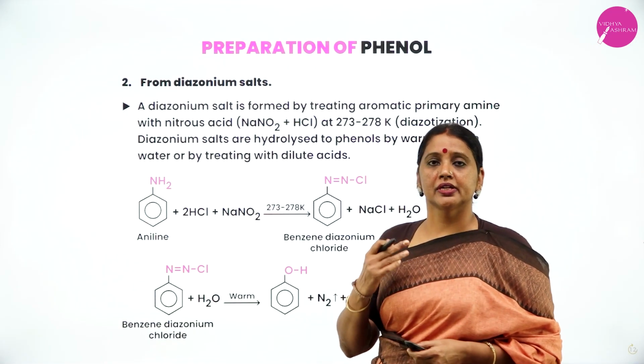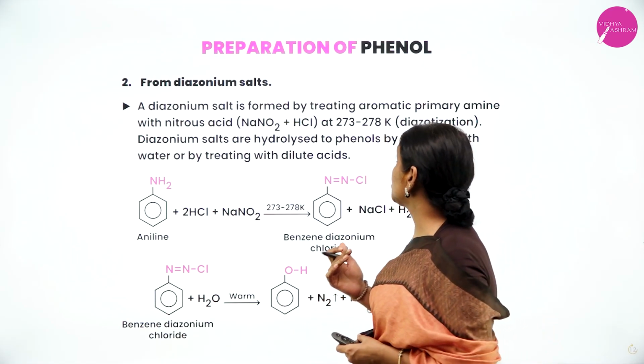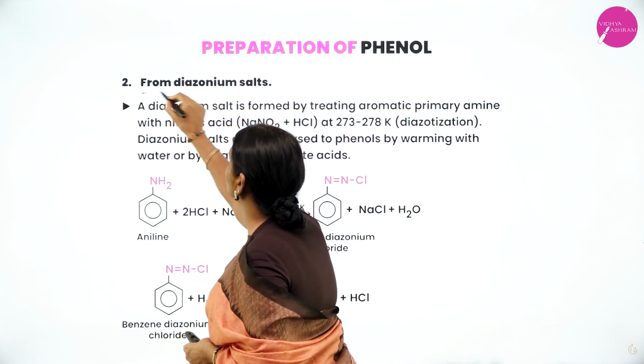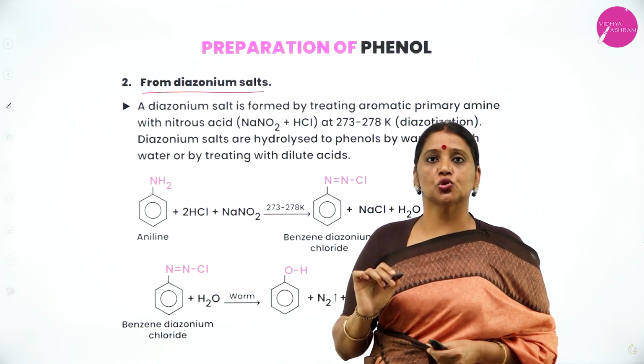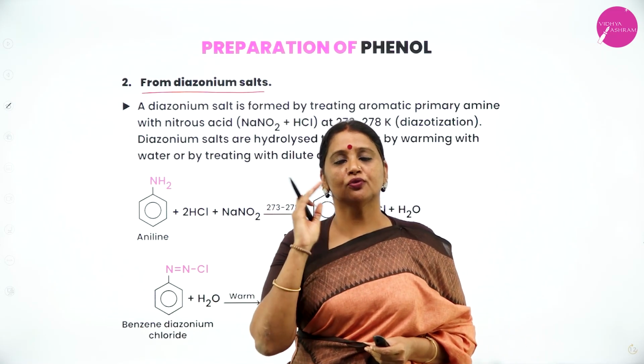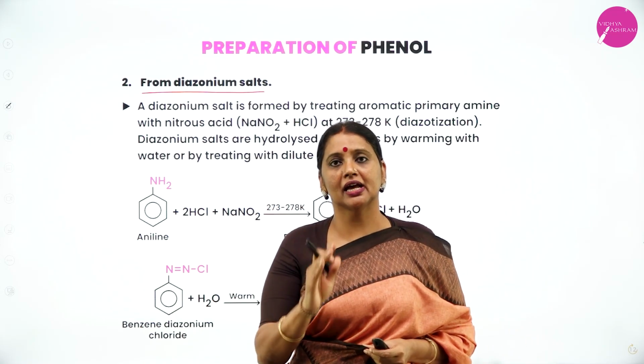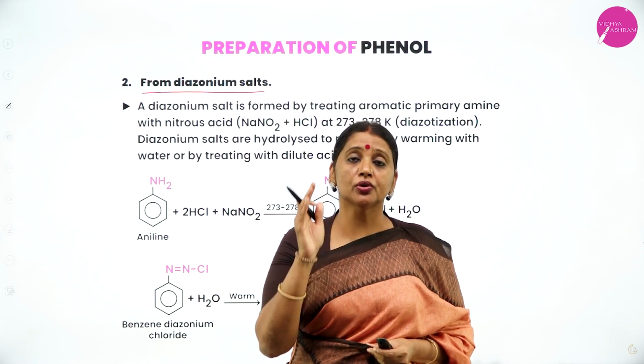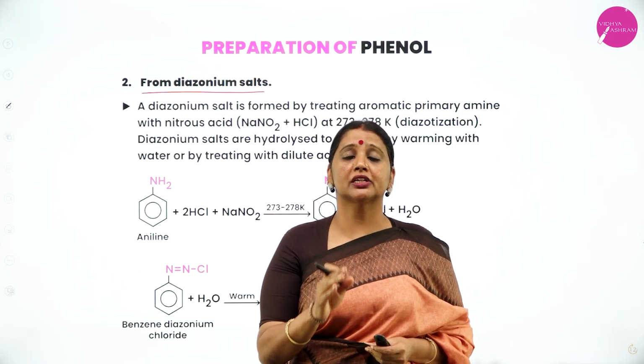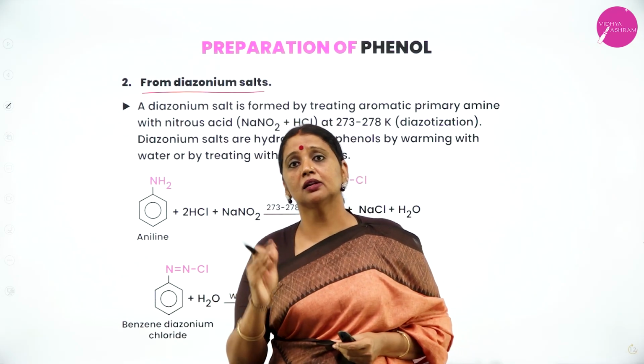Now, the second method of preparation of phenol is from diazonium salt. In the first chapter of organic chemistry, haloalkanes and haloarenes, we studied how to convert diazonium salt into aryl chlorides as well as aryl bromides.